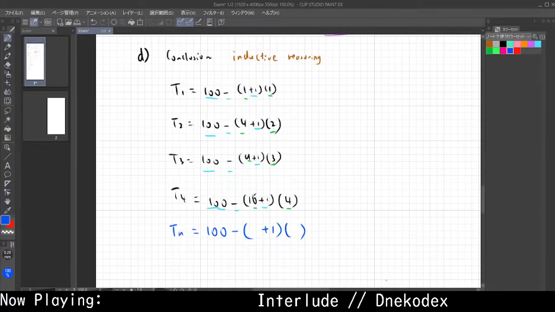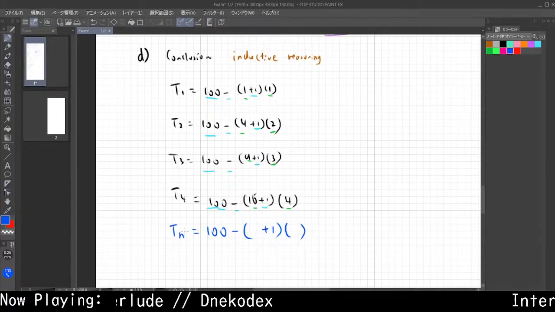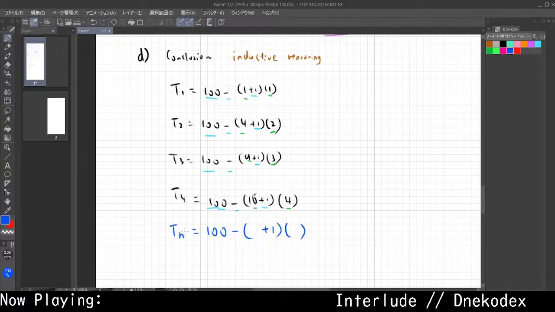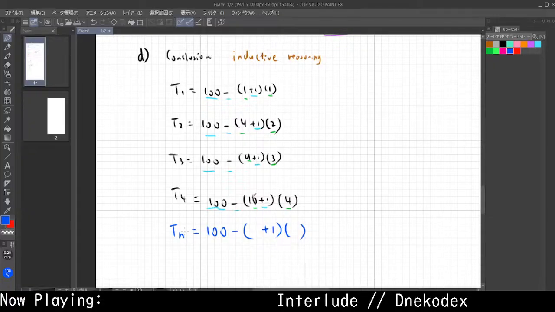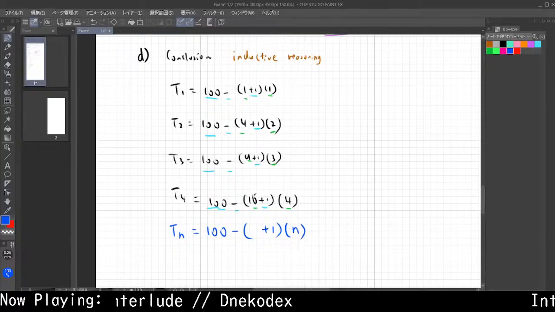Your n would want to go sequentially, so it would follow 1, 2, 3, 4, 5, 6, that kind of order, not 1, 4, 9, 16. So this bracket over here with 1, 2, 3, 4 must be n.